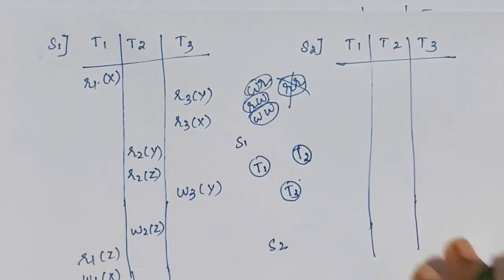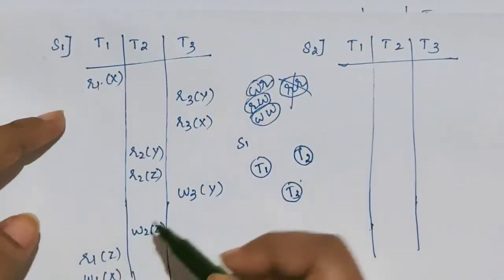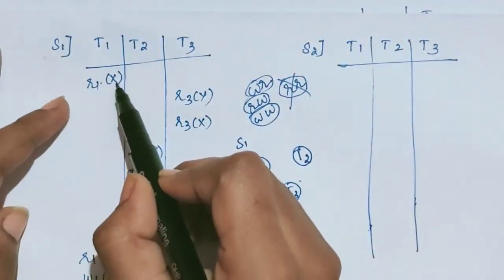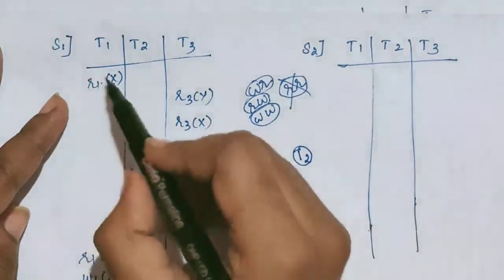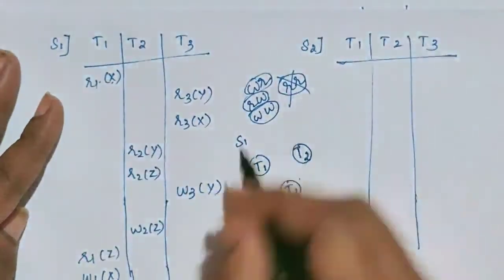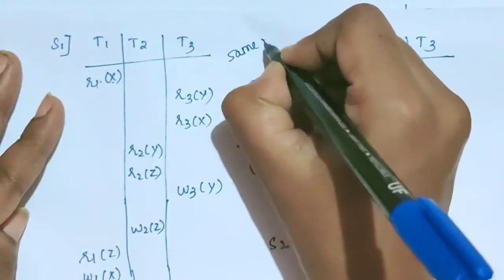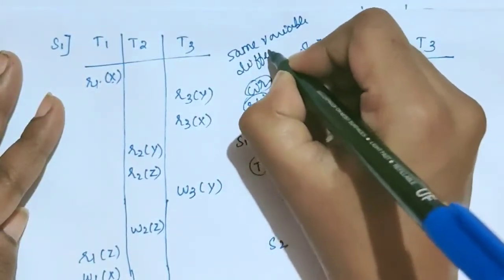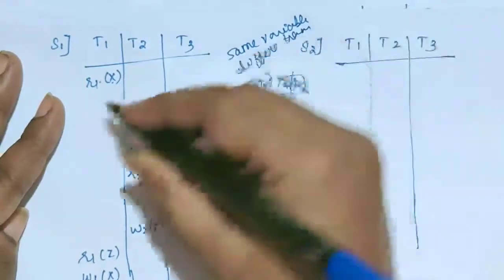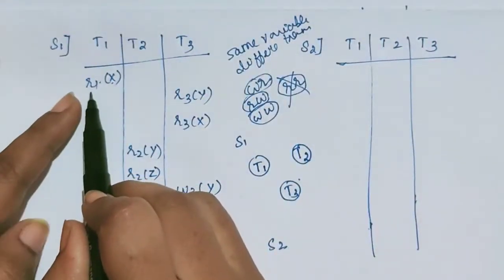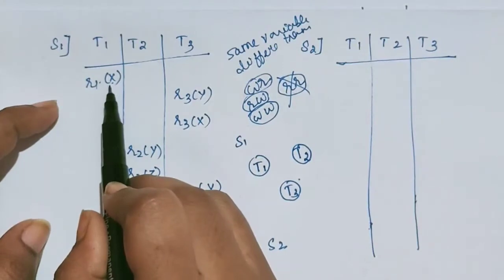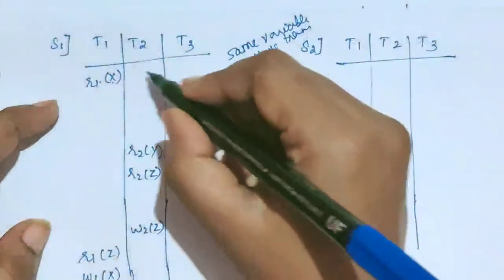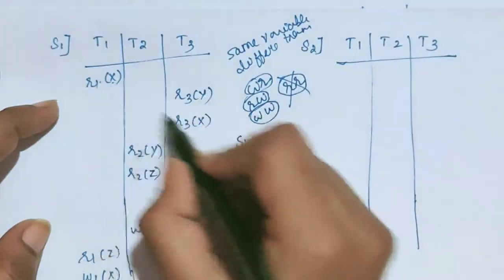So here we have to find the conflict pairs. For finding the conflict pairs, you have to check same variable, like X, and different transactions. So let's start from R1, which is reading X. See whether any other one is writing X. X is here, but it is a read.